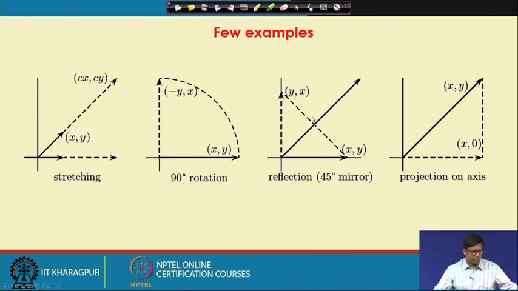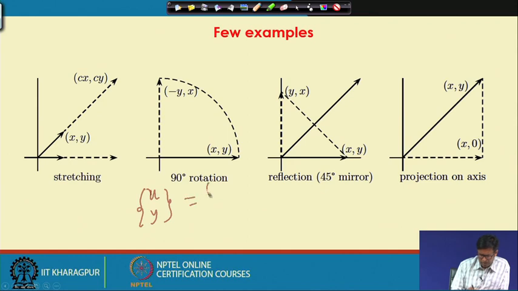A few examples of linear transformation can be stretching of a vector, 90-degree rotation of a vector, reflection of a vector for doing a 45-degree mirror, projection on an axis. So, here we can say that if I have the vector x y, the 90-degree rotated vector is minus y x.